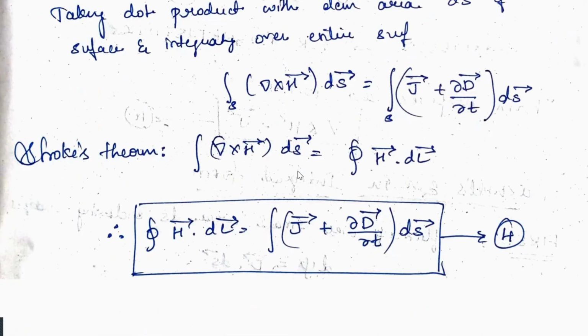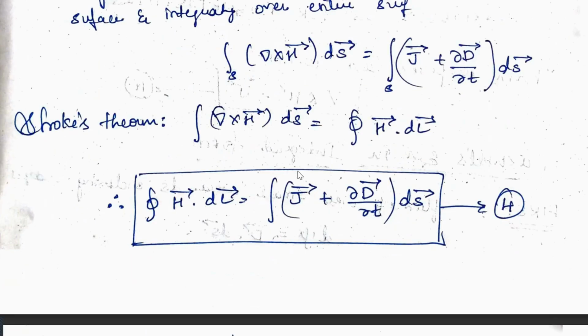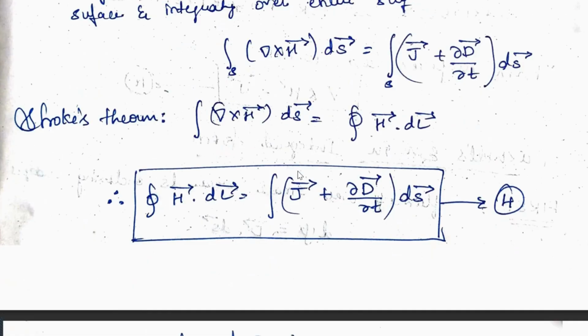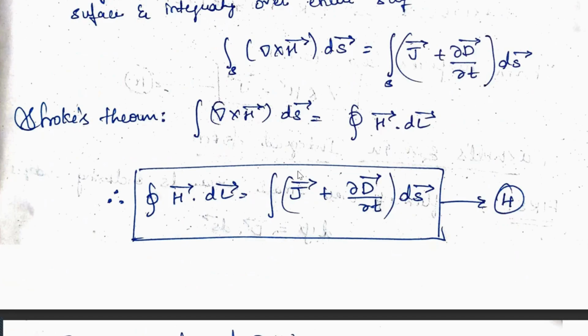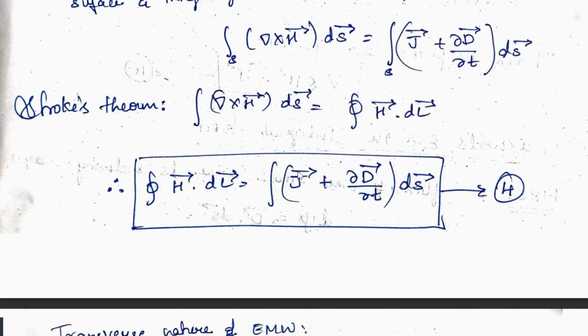By Stokes theorem, we know the integration of ∇×H vector dot ds vector is equal to the closed integral of H vector dot dl vector. Therefore, the closed integral of H vector dot dl vector is equal to the integral of (J vector plus ∂D vector/∂t) dot ds vector. That is my equation 4.